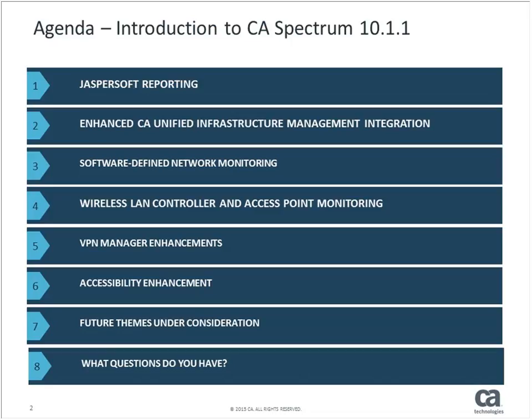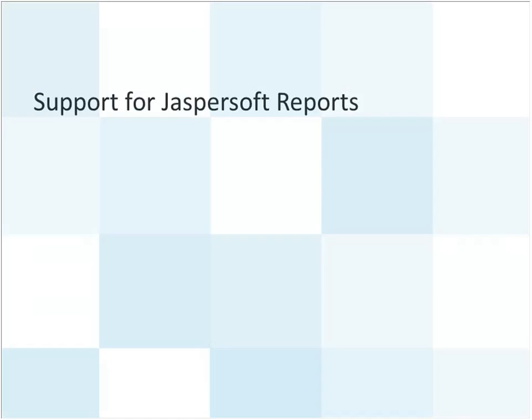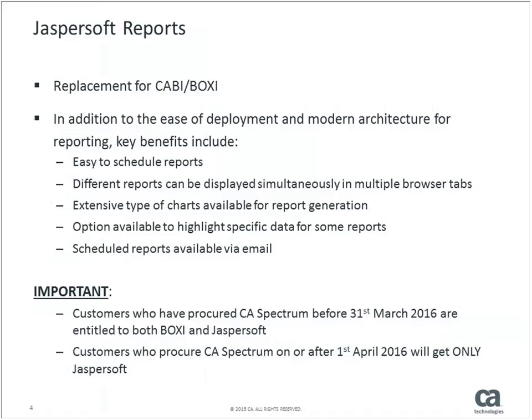So with that said, this is the content for the presentation. I know it's a lot. That's why we are going to jump into that immediately. First and foremost, 10.1.1, we are claiming support for Jaspersoft. Now, everyone on the call who's worked with CABI, which is our Boxy-based reporting solution, would have faced some constraint or issue with the product when they used it.